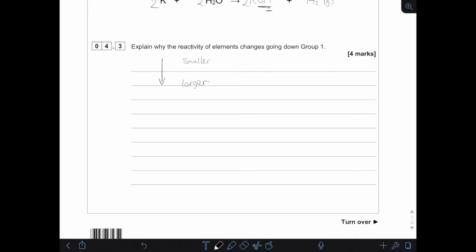So we start with lithium, sodium, potassium, and so on, going down. Group 1 elements react by losing the outer electron, which means the smaller your atom, the closer your outer shell is to the nucleus. The closer it is, the stronger the electrostatic attraction, which means that they become less reactive, which means that going down increases in reactivity.